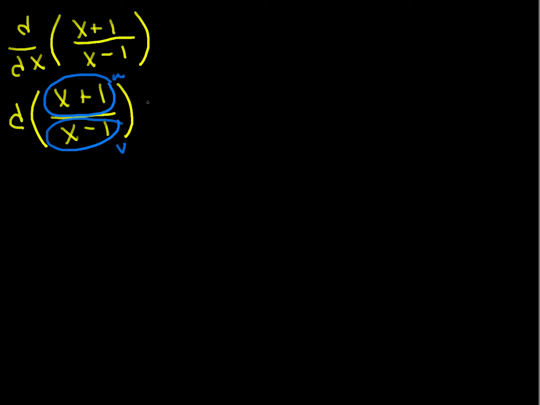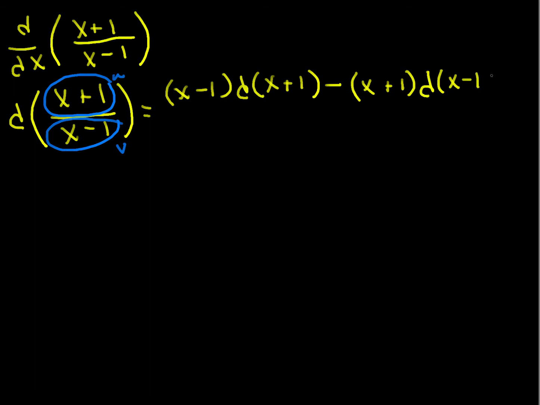So then this is just equal to low, x minus 1, d high, x plus 1, minus high, x plus 1, times our d low, x minus 1, and then the whole expression is divided by the denominator, low squared.